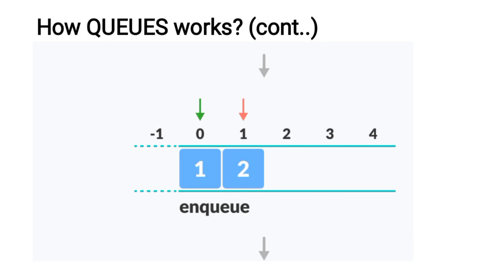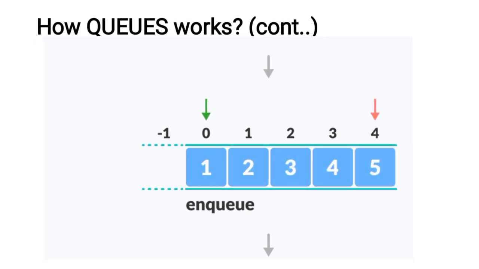Then we can continue adding elements into the queue. If we add the third element, that will be set at position 2. It means that the value of rear will be equal to 2. If we add the next element, the value of rear will be equal to 3, and so on.